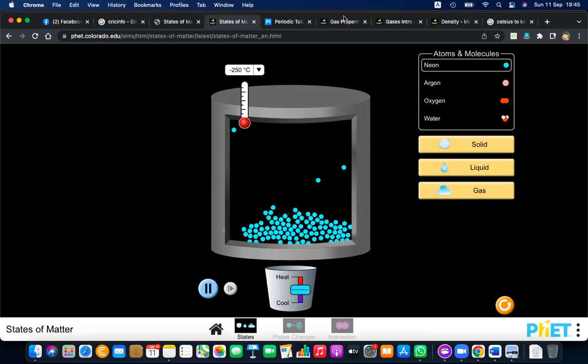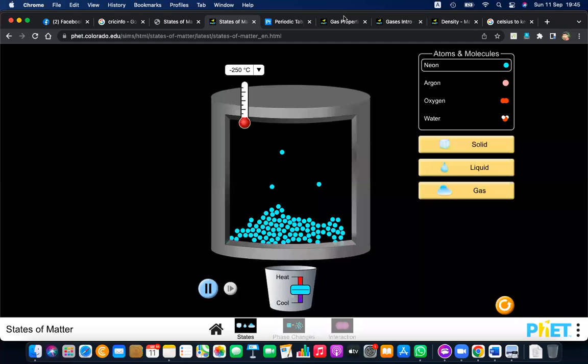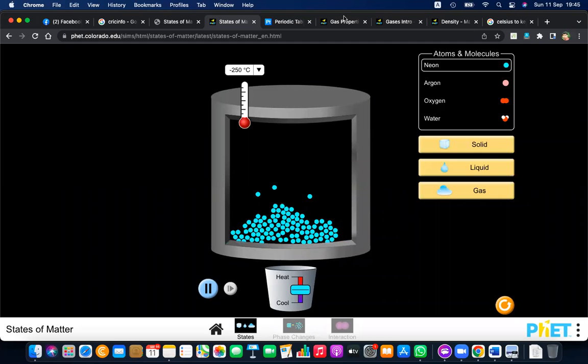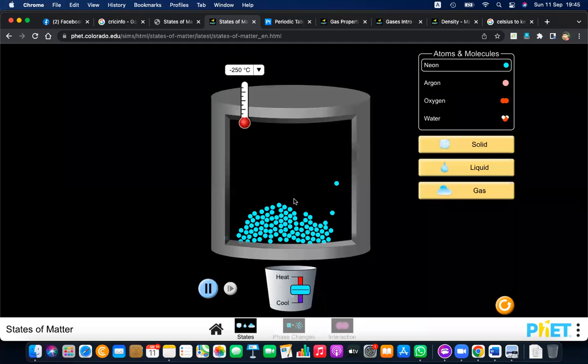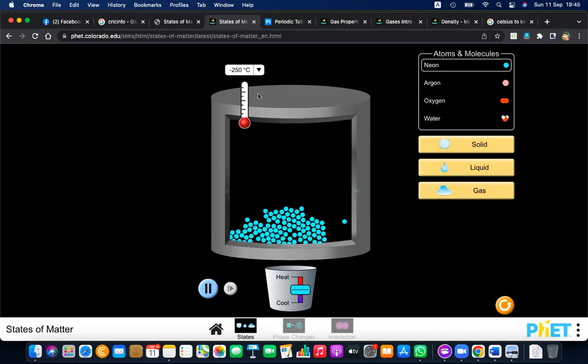Normally gas becomes liquid, but there are situations where solid becomes gas and gas becomes solid. But normally gas to liquid. Okay. Solid has very limited movement. In solid, the bonds are strong. You can see it is still gas, but now it's going to become a liquid. So let's cool down further.